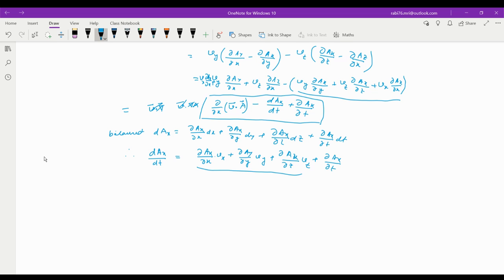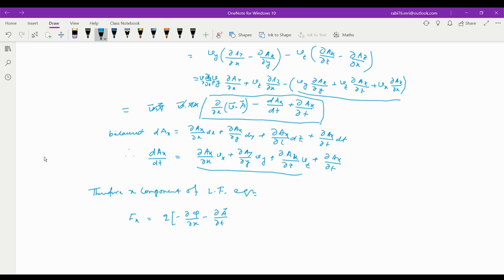So the x component of the Lorentz force equation was like this: Fx equals Q times minus del phi del x minus del A del t, right?